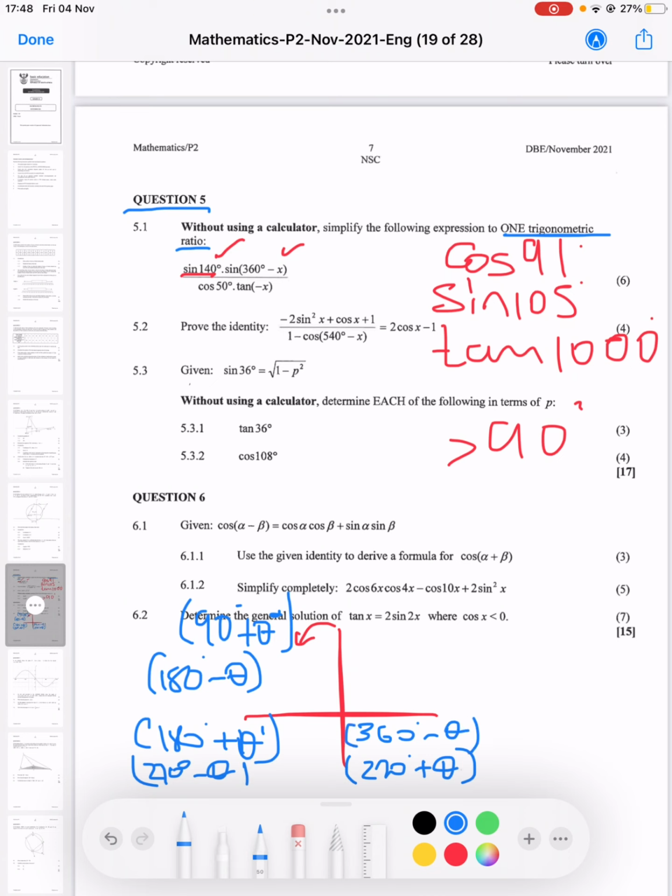Remember, you also have 90 degrees minus angle theta. That is also a reduction formula.